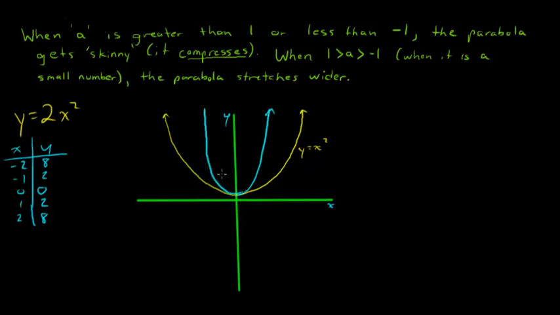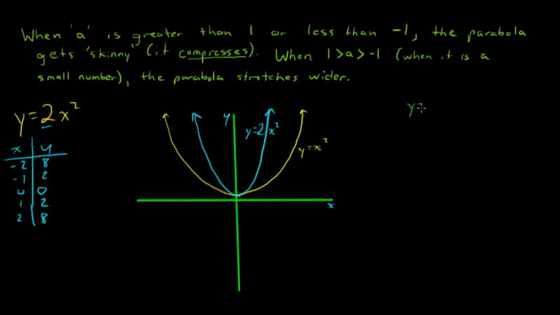So even though your intuition might have told you that y equals 2x squared, well 2 is bigger than 1, so it must be wider, actually the opposite. Because y gets bigger faster, y equals 2x squared is actually going to be narrower. And so if a bigger number, like 2, makes it narrower, wouldn't a smaller number make it wider?